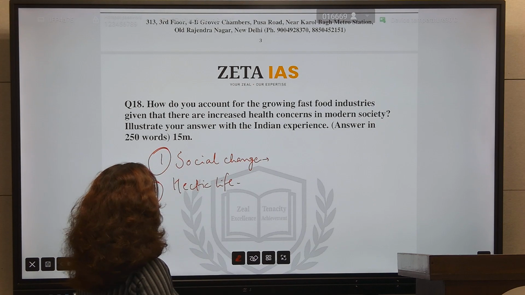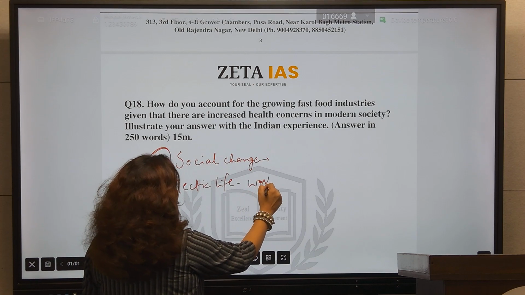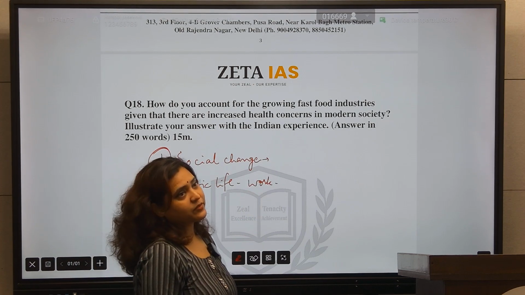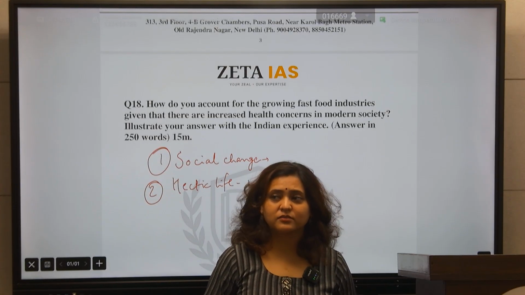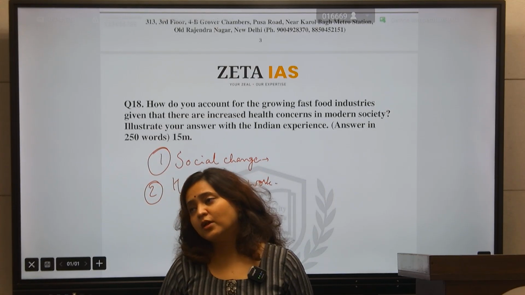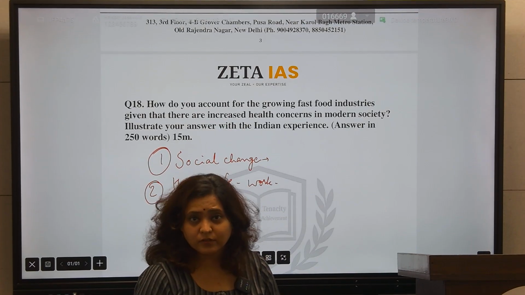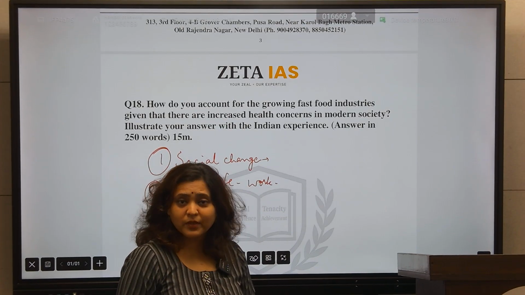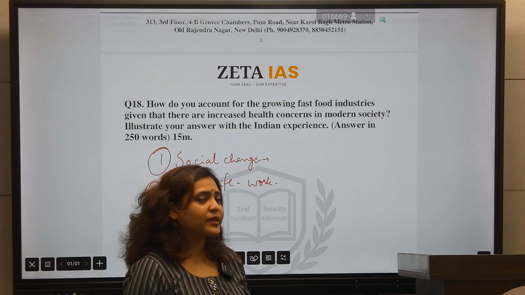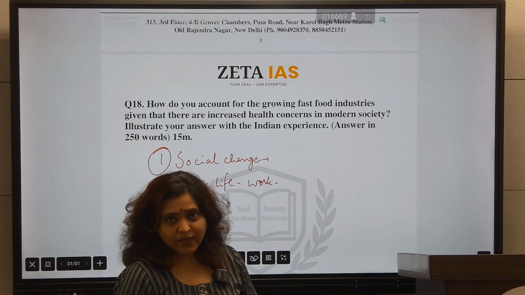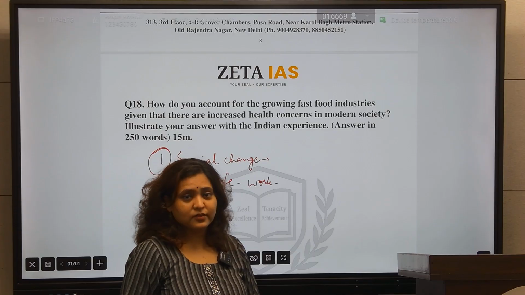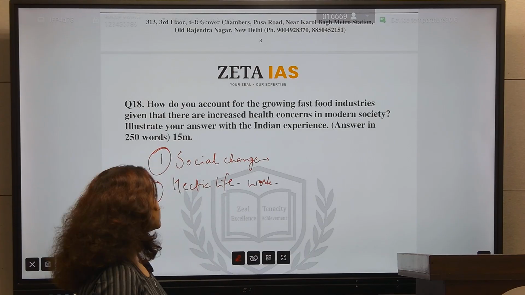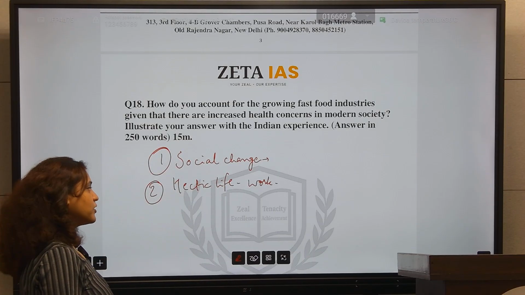Again, work life balance is also there. Whatever time is left, they want to spend it in other recreational activities. They're going to the gym, going for a walk, pursuing their hobbies, and they believe that cooking is going to take a lot of time, and they don't want to be robbed of that time, so they also go for fast food.